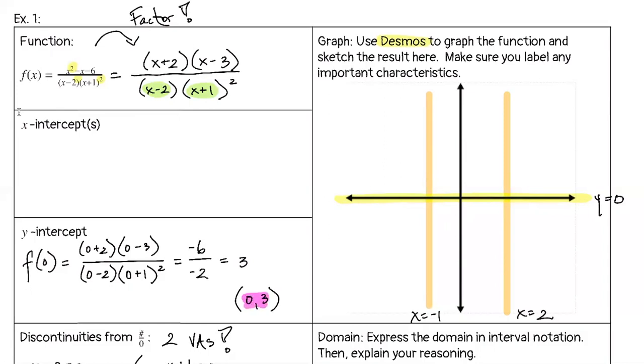(0, 3). So I'm going to go ahead and plot that point right there. That's my y-intercept. Okay. All right. Now, how do we find the x-intercept?